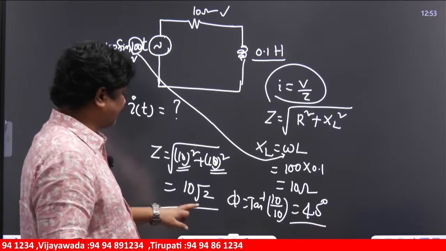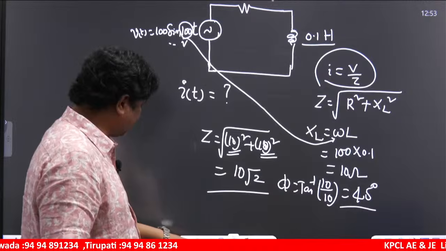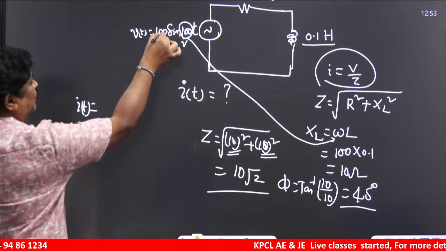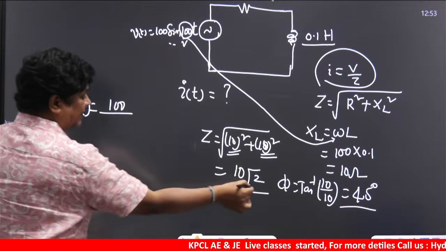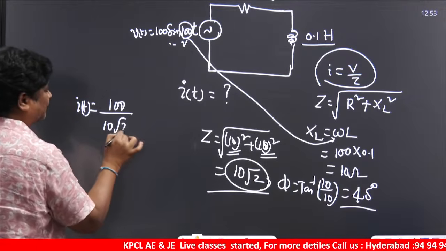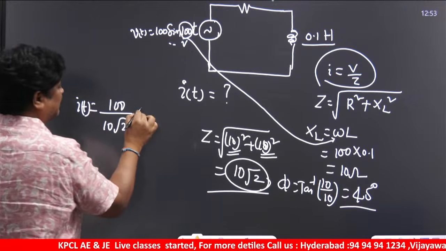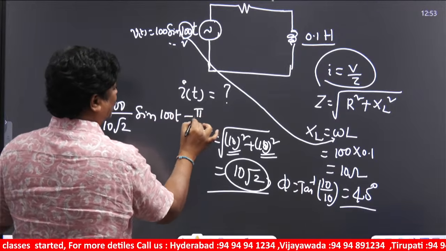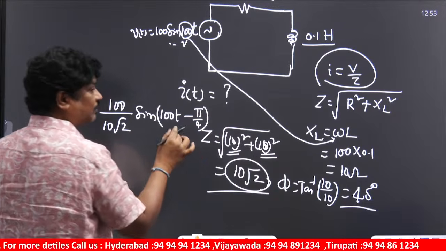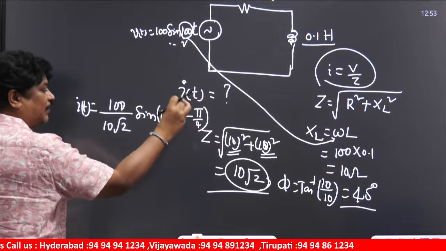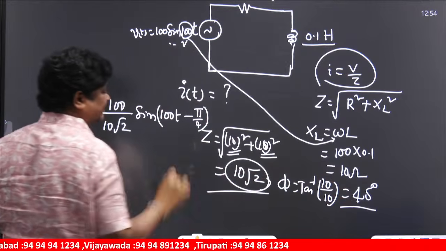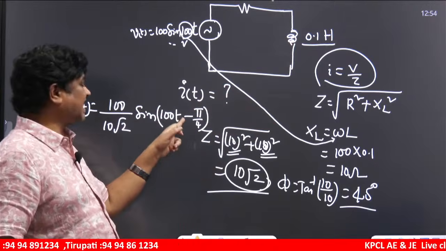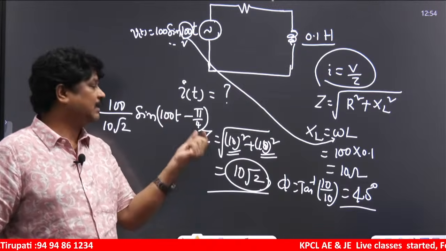Now, how to write the current equation? I of t is equal to 100 divided by impedance 10 root 2, sin 100t minus pi by 4. How you got pi by 4? Because of 45 degrees. Sir, why minus? Because of the inductor, the current is lagging by some angle, that is 45.